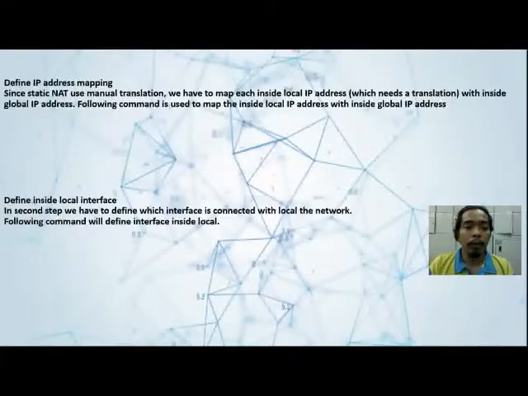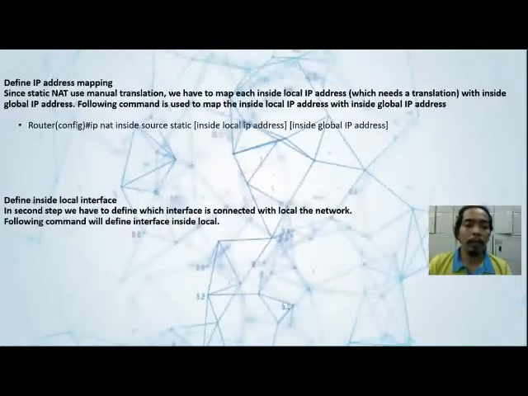Okay, we go to define the IP address mapping. IP address mapping will tell the router to translate between the private inside server and the public address. This will allow a user from the internet to access the inside server. The following command is used to map the inside local IP address with the inside global IP address.